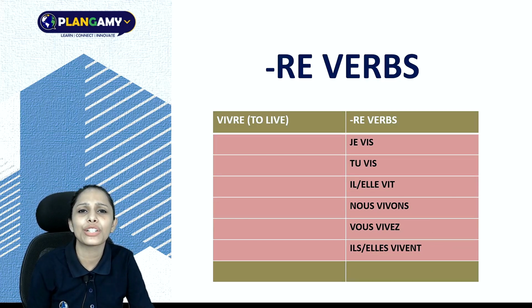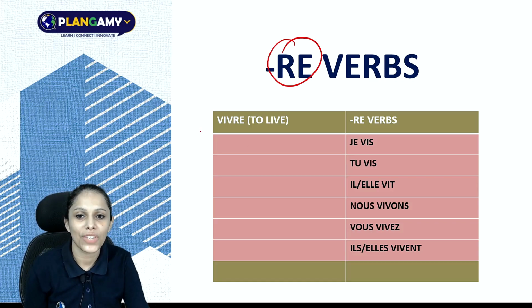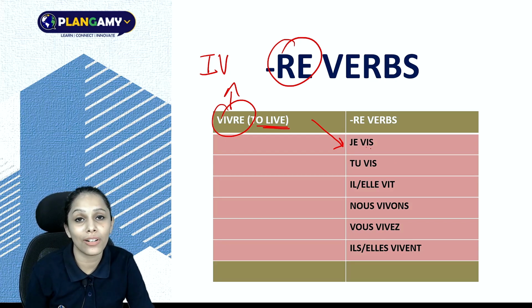Now, the third group of the verbs, that is RE verbs. So here I have taken vivre. Vivre means to live. So this is, let me write it down here, IV, infinitive form of the verb, and I have conjugated here in present tense. So you have to learn it.